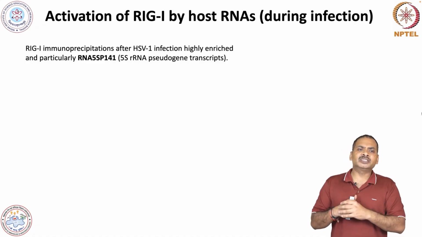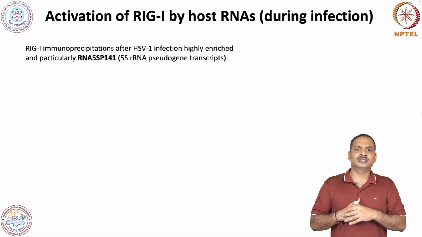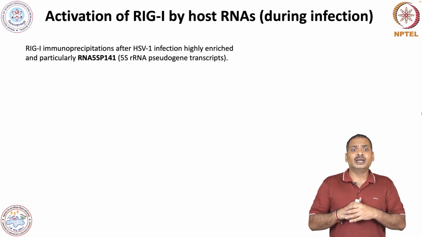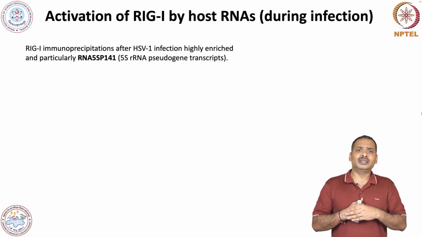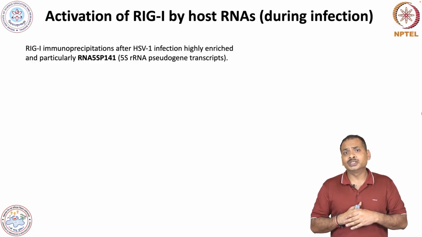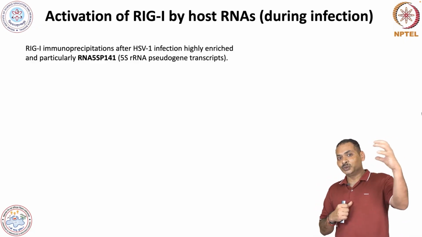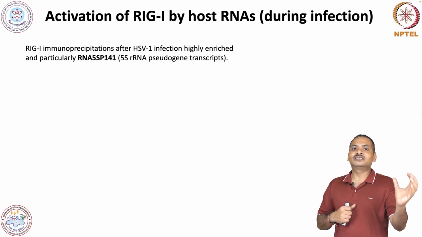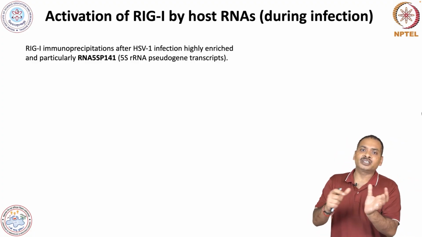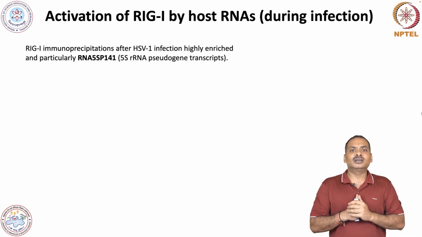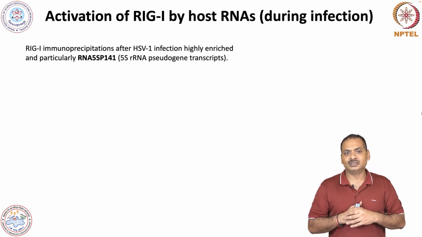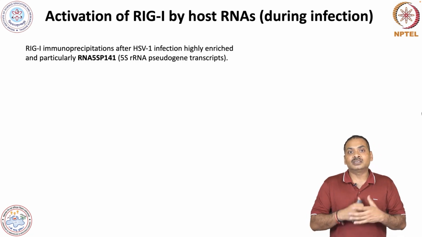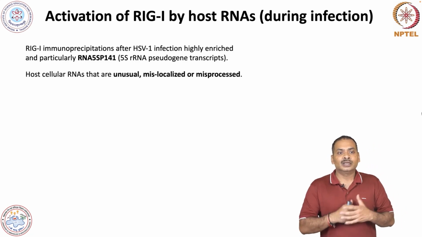This is basically a 5S ribosomal RNA, and this 5S ribosomal RNA is basically a pseudogene transcript. So you can understand, due to this virus infection, RIG-I started binding or recognizing the host 5S RNA, and that will cause activation of signaling.